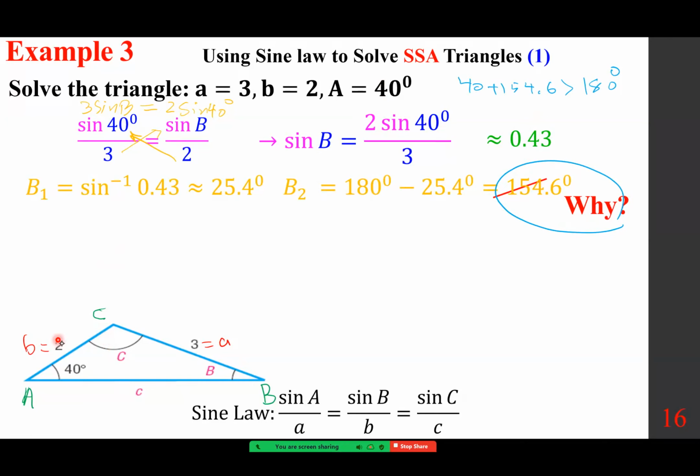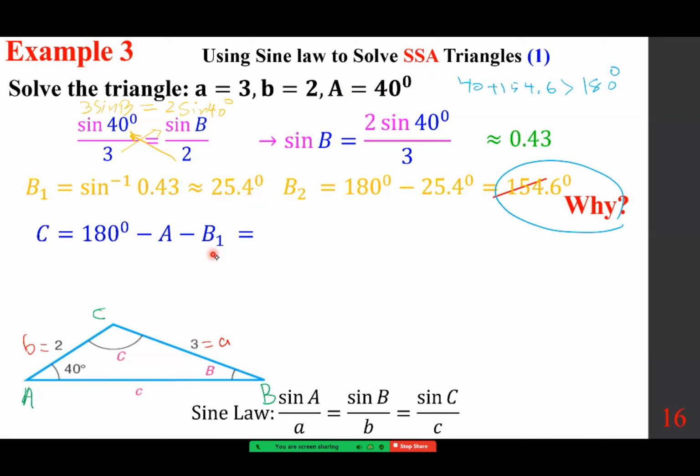We just continue with B1 and we just call it B. So we have 25.4 degrees here. We have 40 degrees here. We can add them up. 65.4 subtracted from 180. So C is 180 minus the sum of these two.